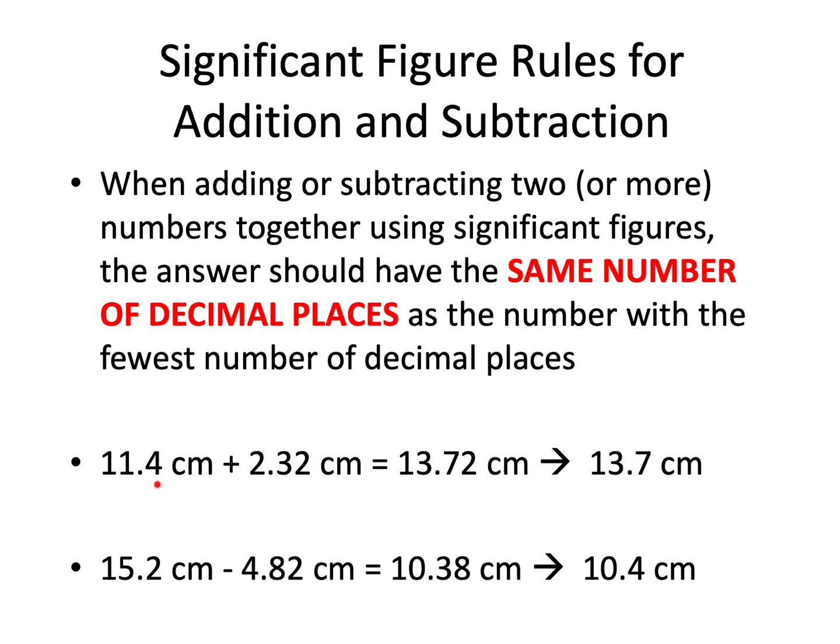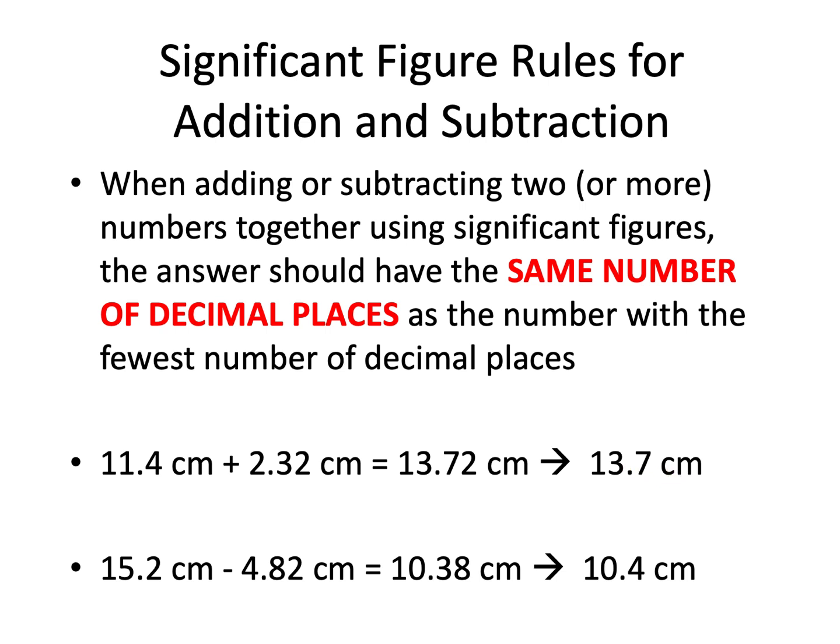In this case, it would be 1 decimal place. And so I add these together, I get my total is 13.72, but according to the significant figure rules, I only keep the 1 decimal place. And so I end up, this sum should be 13.7 centimeters. So I've got 11.4 centimeters plus 2.32 centimeters. I end up using the significant figure rules for addition, 13.7 centimeters.